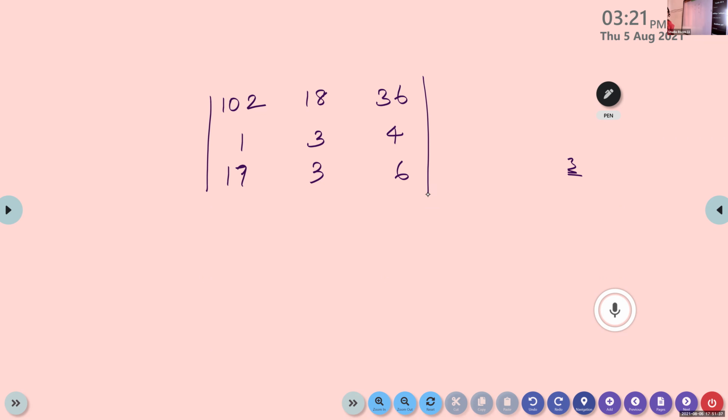Now here find out what you can do. 102, 18, 36 is here. Can you bring equivalence?